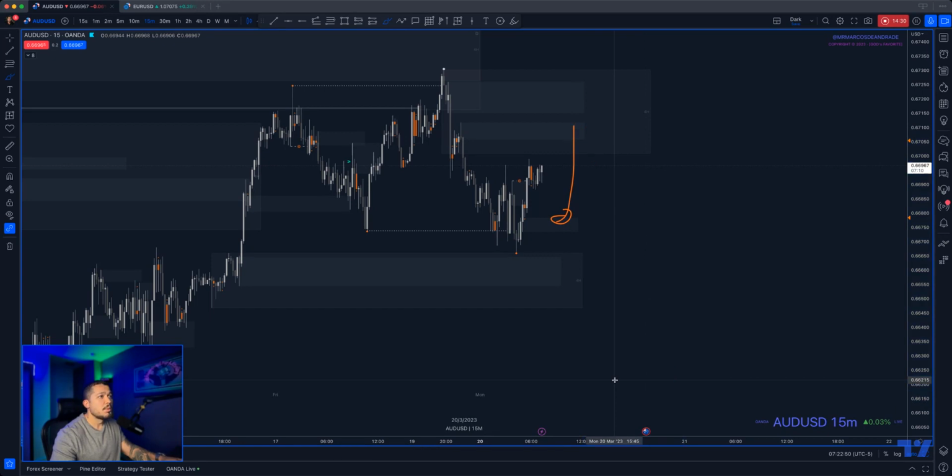All right. But don't try to continue with the longs here if it mitigates this daily and 4 hour supply first, because the pullback would have just ended here, and then you would be entering counter trend. Hope you guys get that.